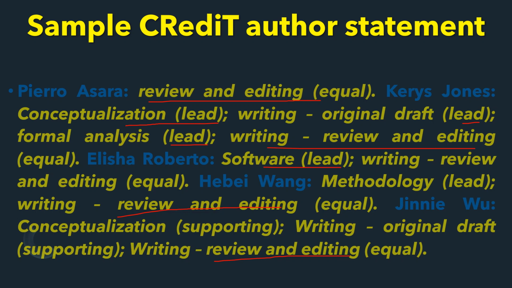How is this CRediT going to help the authors? There are multiple things it helps. It helps to reduce the potential of author disputes. It supports adherence to authorship and contributorship processes and policies. It also enables visibility and recognition of the different contributors or researchers, particularly in a multi-author paper.